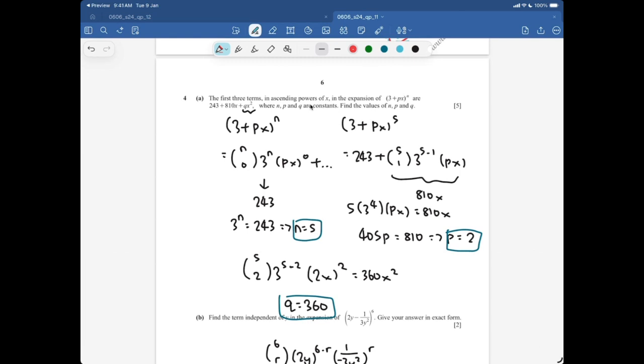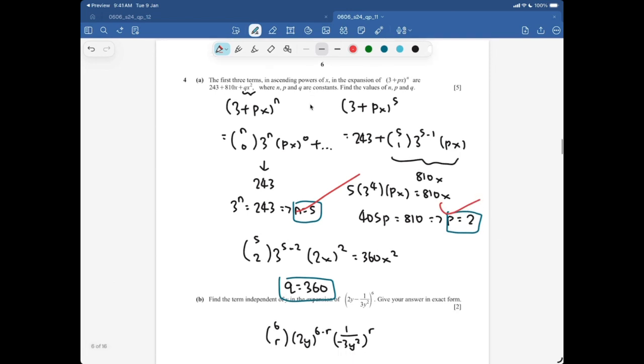Question 4, the binomial theorem. n equals 5, that's correct. p equals 2, that's correct. Oh, I got this one wrong. Why? q is equal to 1080.